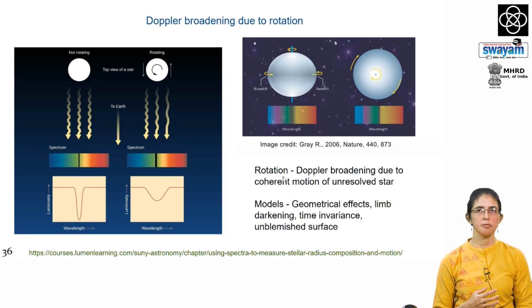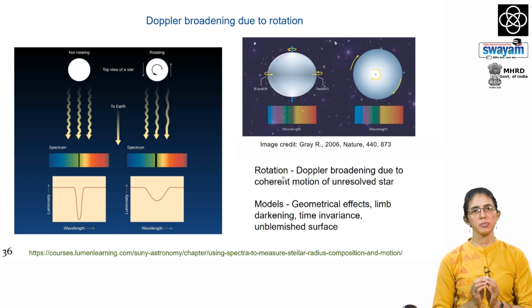In this case, one side of the star will appear to approach you and the other side of the star will appear to recede from you. And for an observer, one edge coming towards you and the other edge going away from you leads to a broadening of the spectral line.